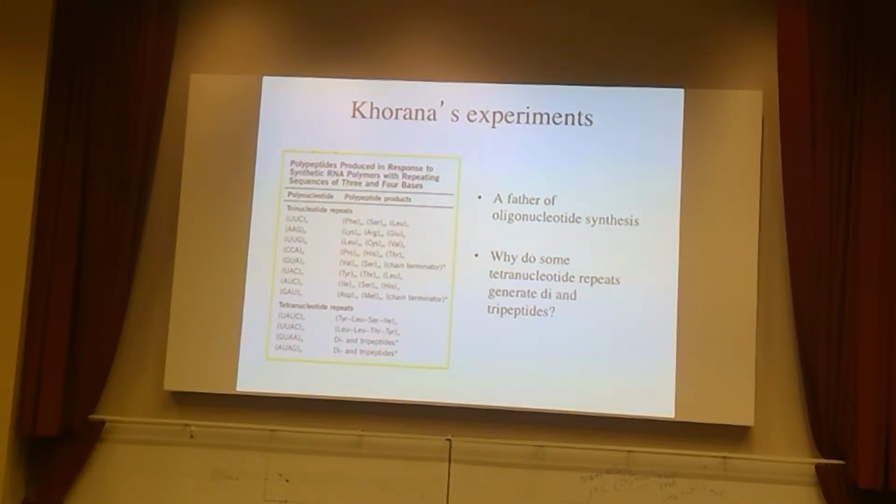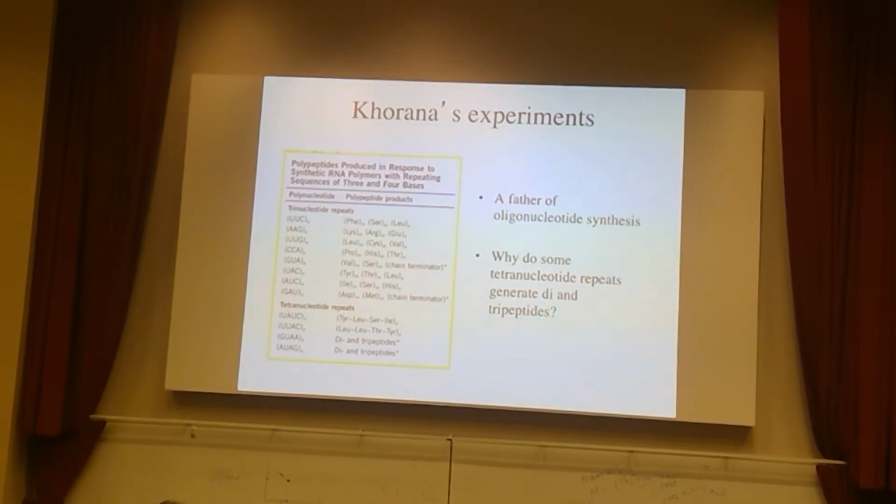All right. They got a huge bunch of information because what Khorana could do was make an mRNA that was UUC, UUC, UUC, UUC over and over and over again. Not some random assembly of U's and C's, no, specifically UUC over and over again.